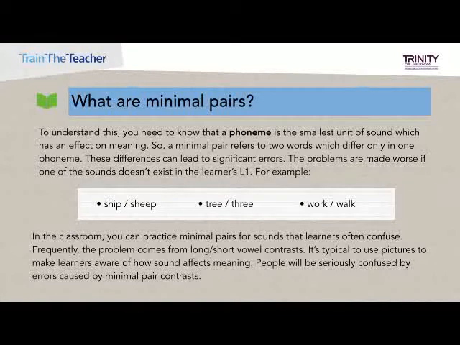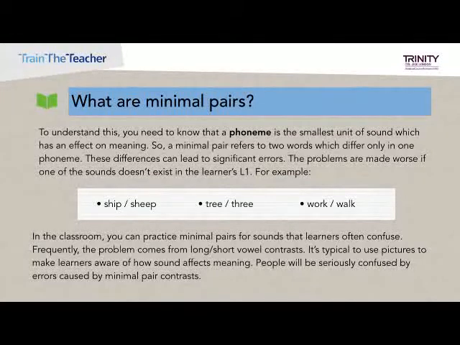In the classroom, you can practice minimal pairs for sounds that learners often confuse. Very often, the problem comes from long, short vowel contrasts, as we saw with ship and sheep.